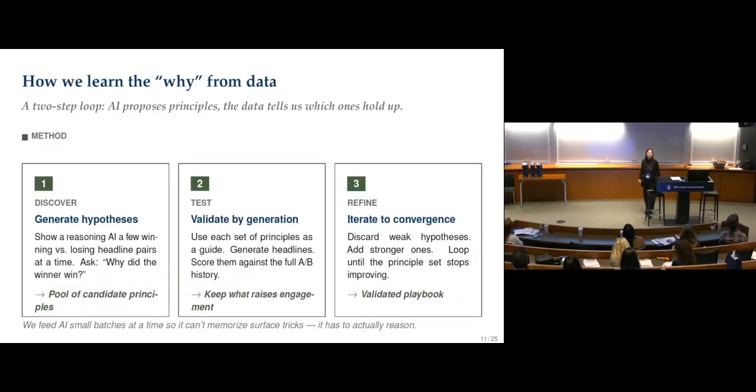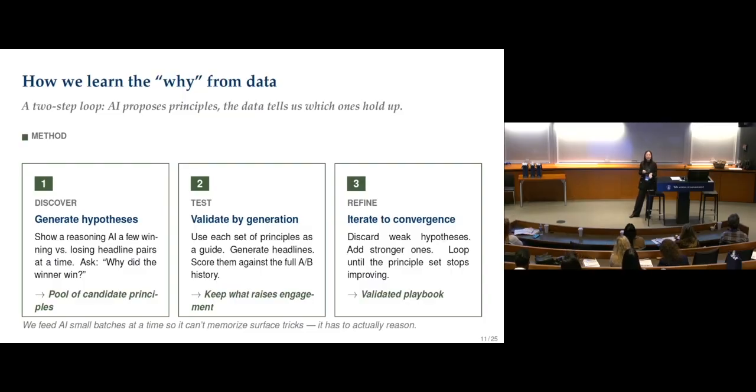So here is the process. In stage 1, we provide many mini batches of headline pairs to the AI and ask, why did it win? Why did the winners perform better? We ask the LLM to propose hypotheses explaining this, drawing from its pre-training knowledge.